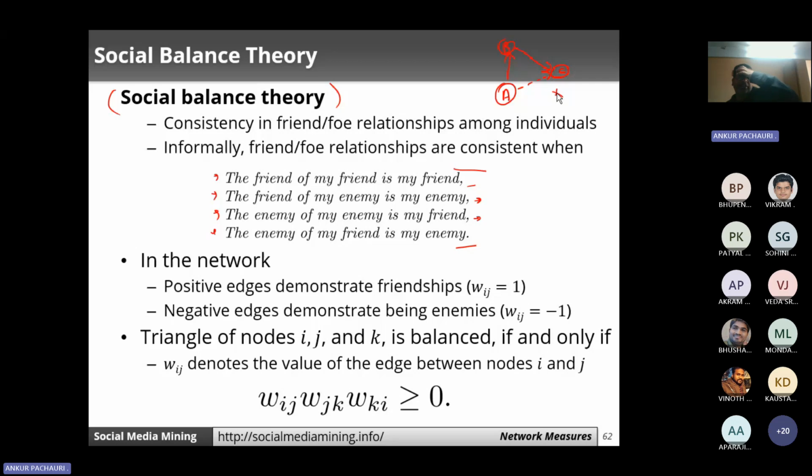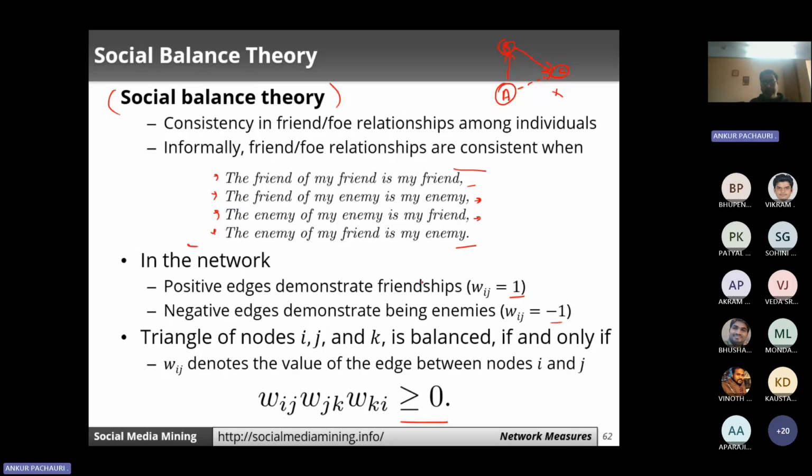Now, how do we check these kinds of consistencies? In the network, we can assign positive weights to friendship and negative weights to enemy edges. If the sum of all those weights in the triangle comes out to be positive, the relation is balanced.